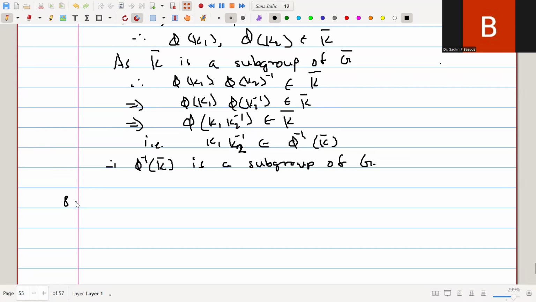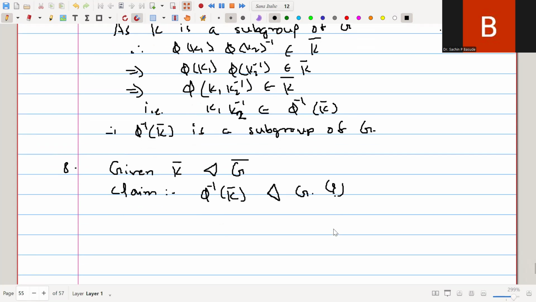Now the eighth one. What is given in the eighth part? Given: K bar is a normal subgroup of G bar. The claim is phi inverse K bar is a normal subgroup of G. You have to prove this.